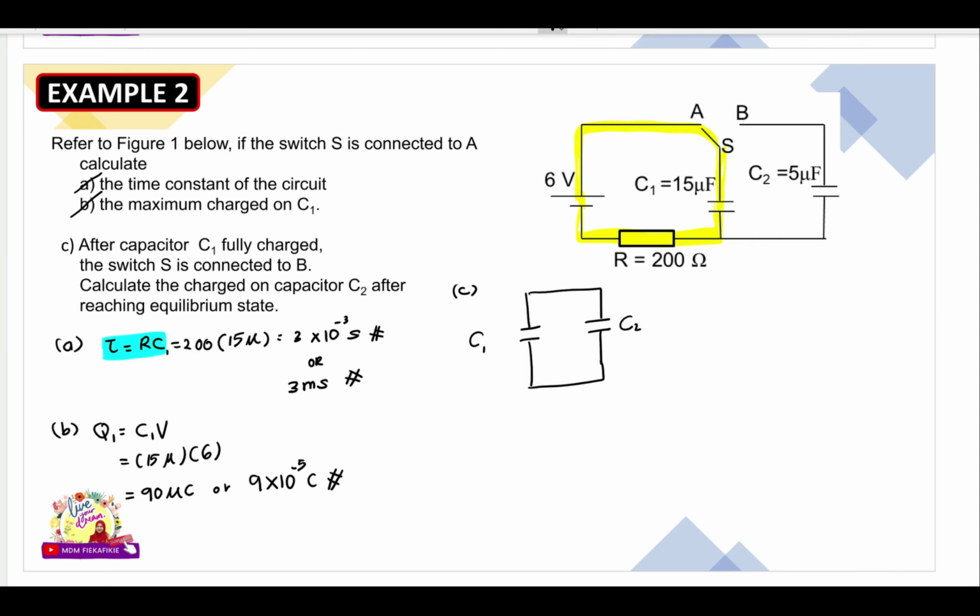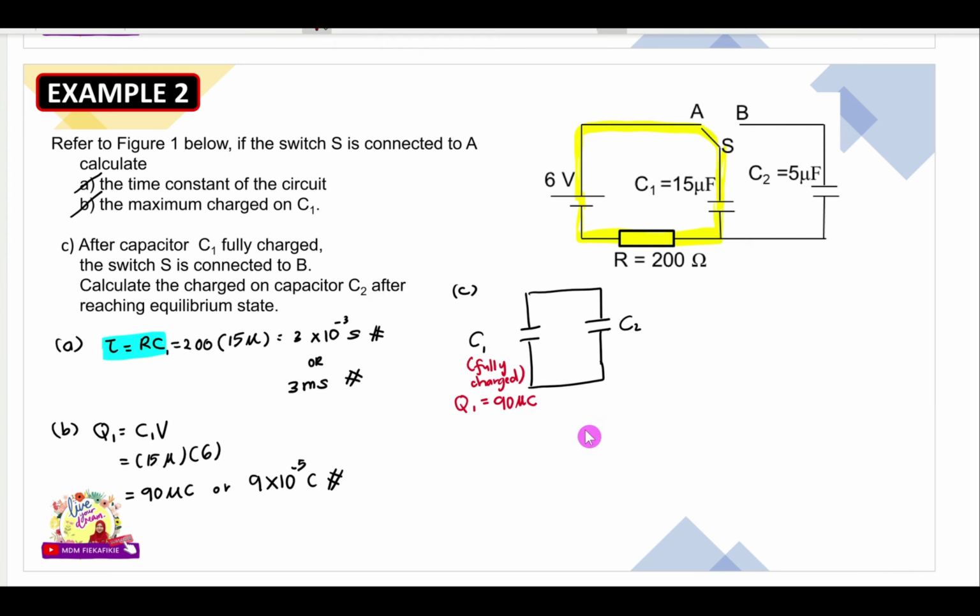And as we know that C1 here is fully charged, where Q1 is equal to, kita dah kira dah tadi, 90 microcoulomb. Okay, so sekarang soalan minta kita kira, okay, the charge on capacitor 2, C2 after reaching equilibrium state.